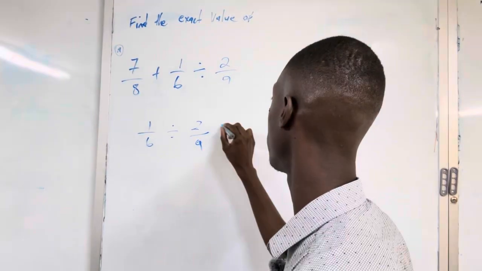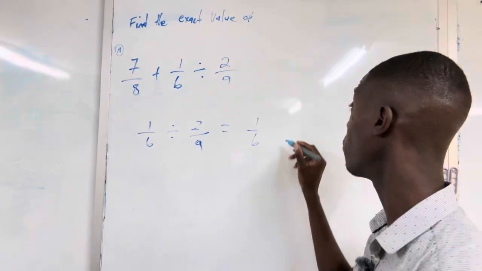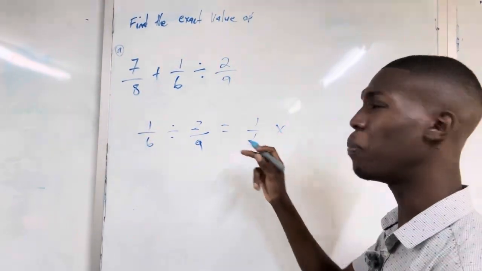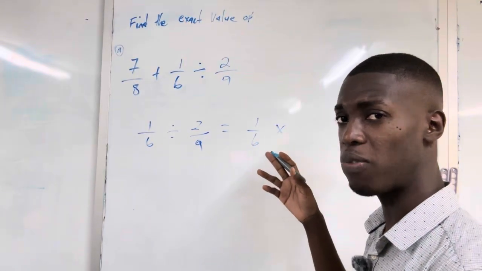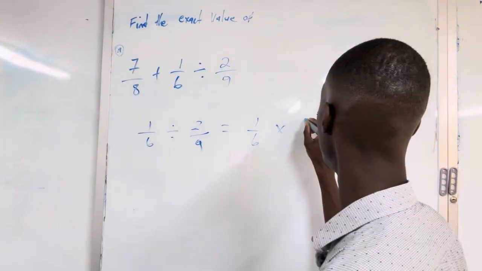So let me write that down. So 1/6, we keep the first fraction, change the operation to multiplication, and then we're gonna flip or invert the second fraction, right? So instead of having 2/9, we're gonna have 9/2.